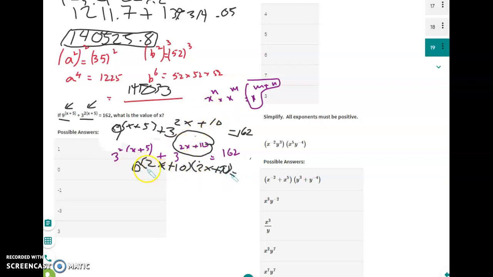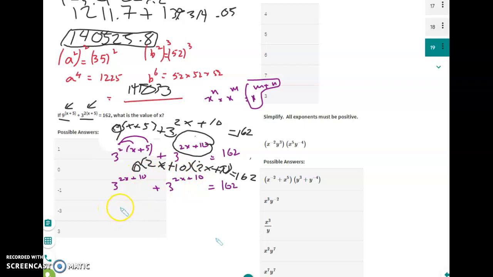But in this case, when you have an exponent to an exponent, you multiply the exponents. So what I can do is 2x plus 10 plus 2x plus 10 equals 162. But I have the same term 2 times.